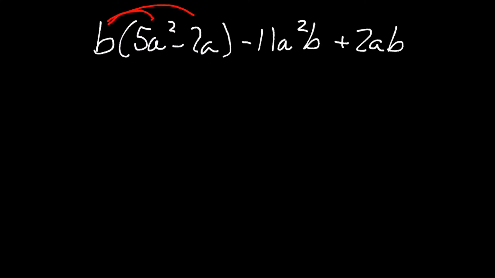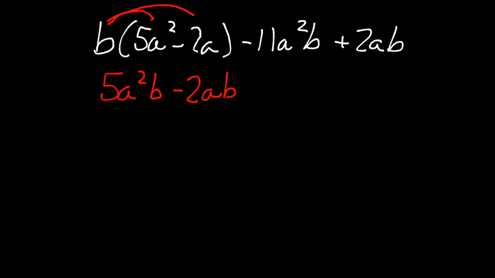So let's do that. I have b times 5a squared, and that's going to give me 5a squared b. Then I have b times negative 2a, and that's going to give me a minus 2ab.